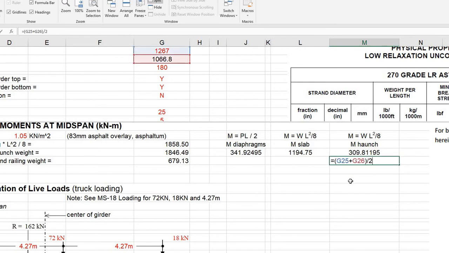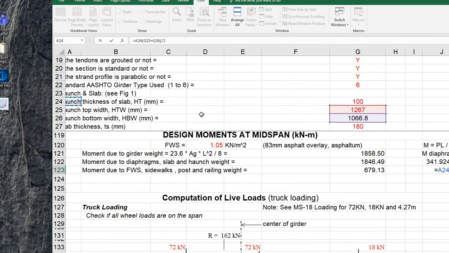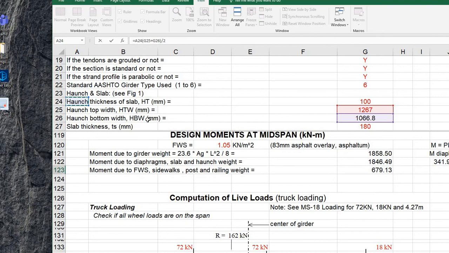Next, i-multiply natin to ngayon ng thickness. So, dito ako mag-click-click. Tapos, hanapin ko si thickness of haunch. Ito siya. Haunch thickness of slab. Oops, mali. Ito pala.